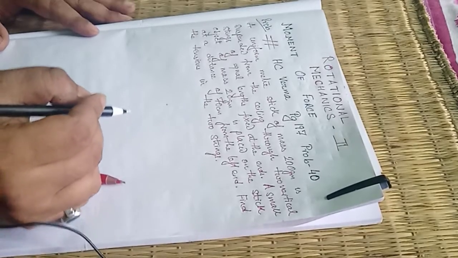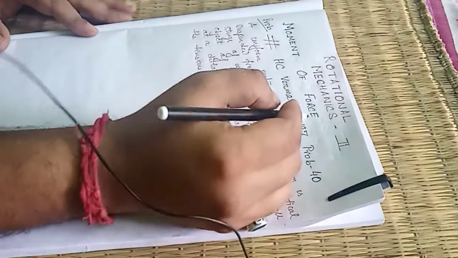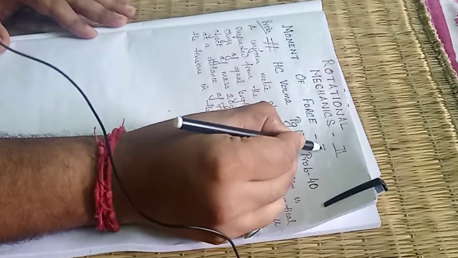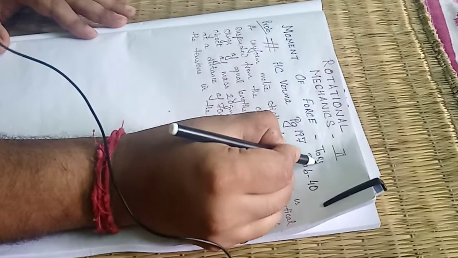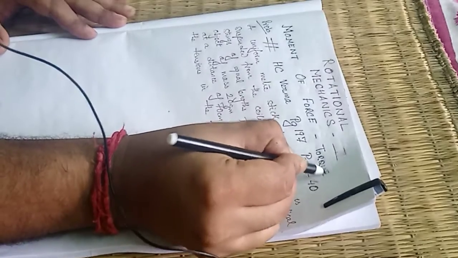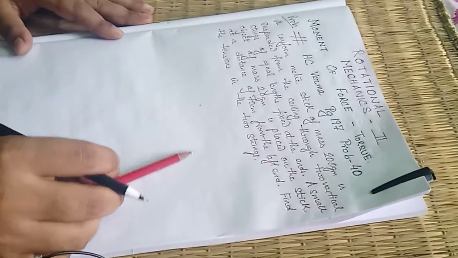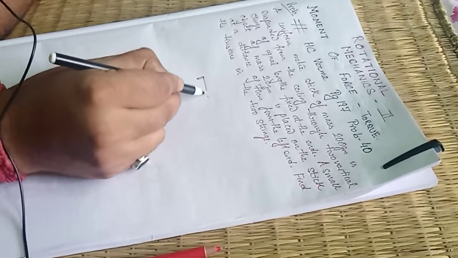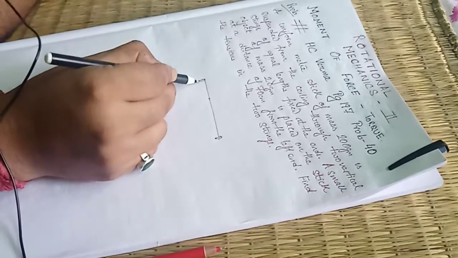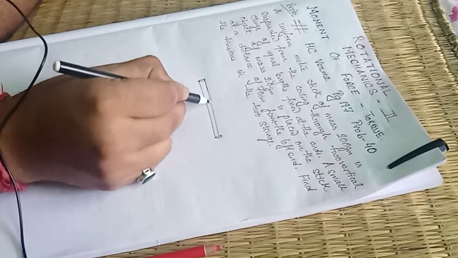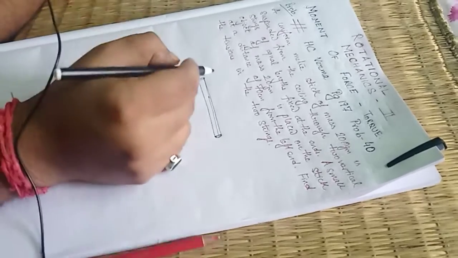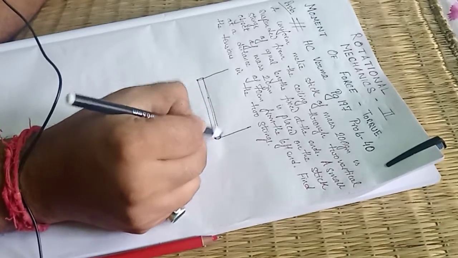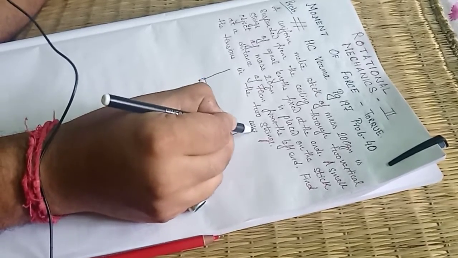Before starting the problem, one thing I want to remind you is that the moment of a force is also called torque of a force. What is the problem saying? Suppose this is a meter rule. It is hanging from two equal ropes from the ceiling.